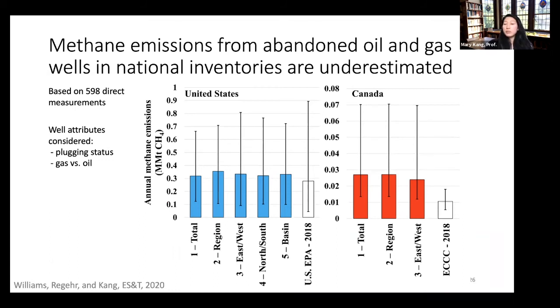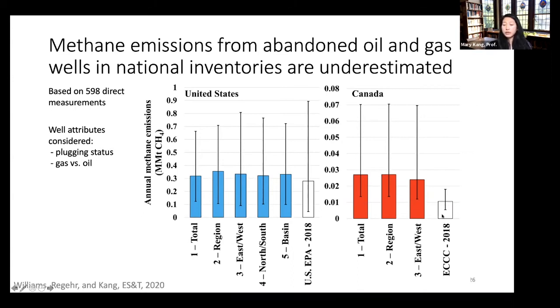We did a bunch of different scenarios to estimate methane emissions from abandoned oil and gas wells in the United States and Canada. The blue bars are our estimates with our uncertainty ranges, and this is the US EPA report. The red bars here are for Canada. These are our estimates.